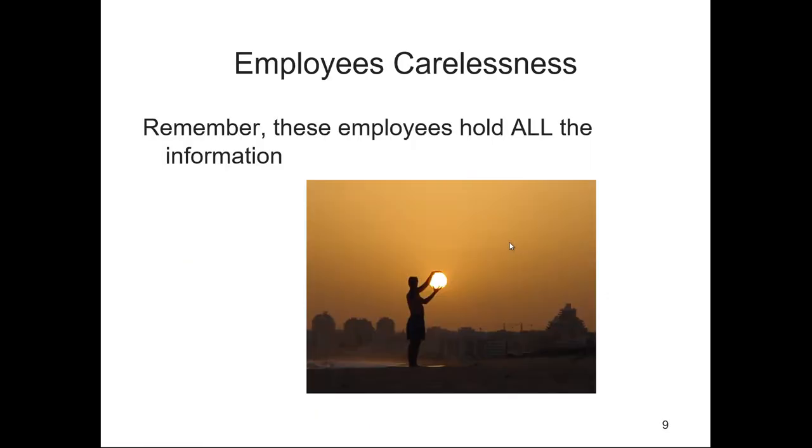Companies' employees' carelessness with laptops and portable computing devices that hold companies' information. In fact, the most dangerous employees are those in human resources and MIS that have access to employees' data, employees' information, and they can leave their computers logged in to the data or to the information in a public area or in a place where many people can see it.